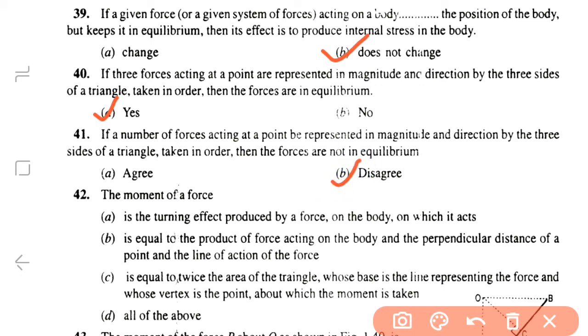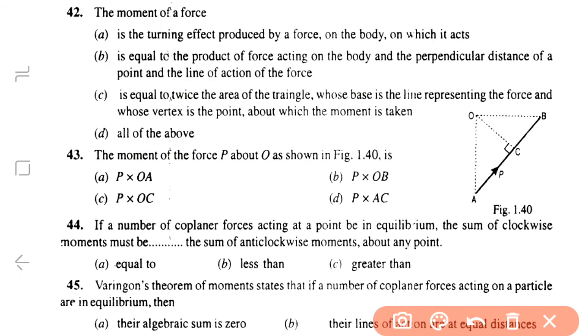Next question is the moment of a force, and friends here these are the options, and here correct option for this question is option D, that is all of the above. Here friends the moment of a force is the turning effect produced by a force on the body on which it acts.